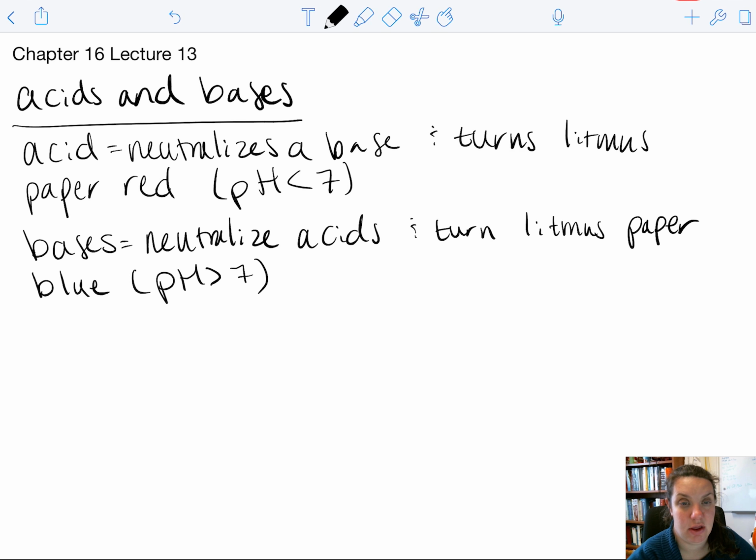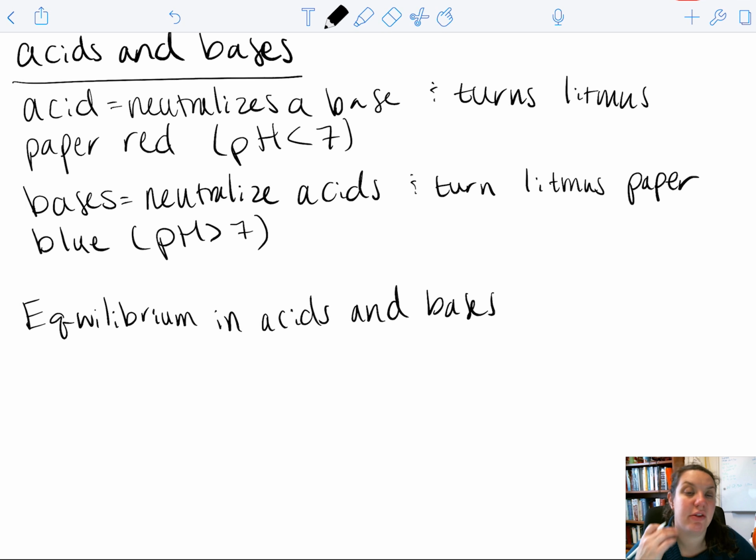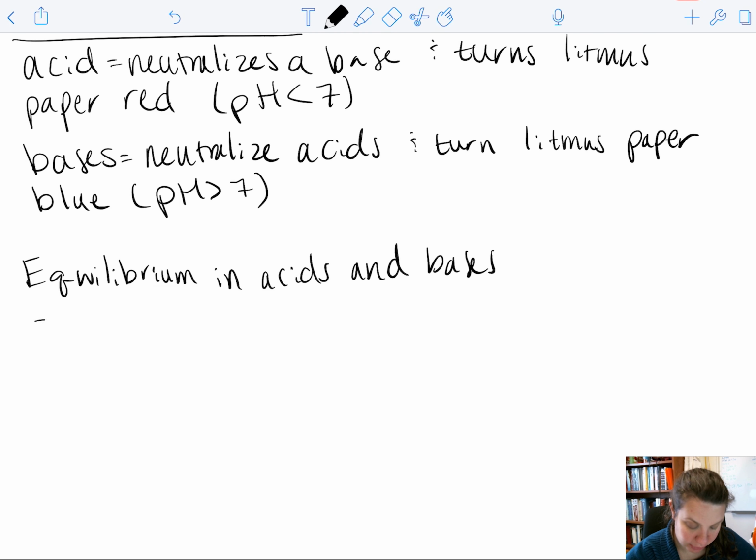Okay. So one of the main things we're going to be looking at in this chapter is equilibrium in terms of acids and bases. We talked about the idea of strong electrolytes and weak electrolytes back in 1211, and we brought it back up in the beginning of 1212, and we can look at acids and bases in terms of weak or strong electrolytes.